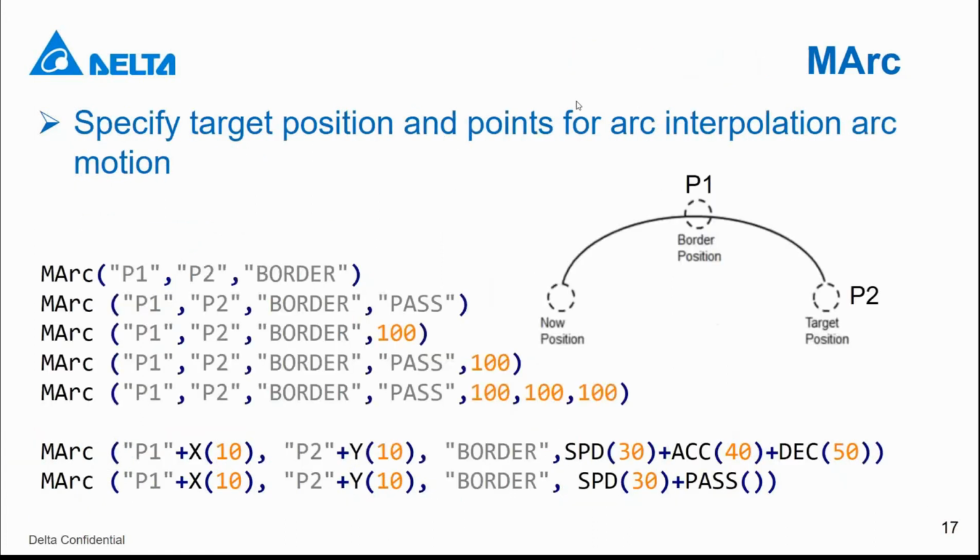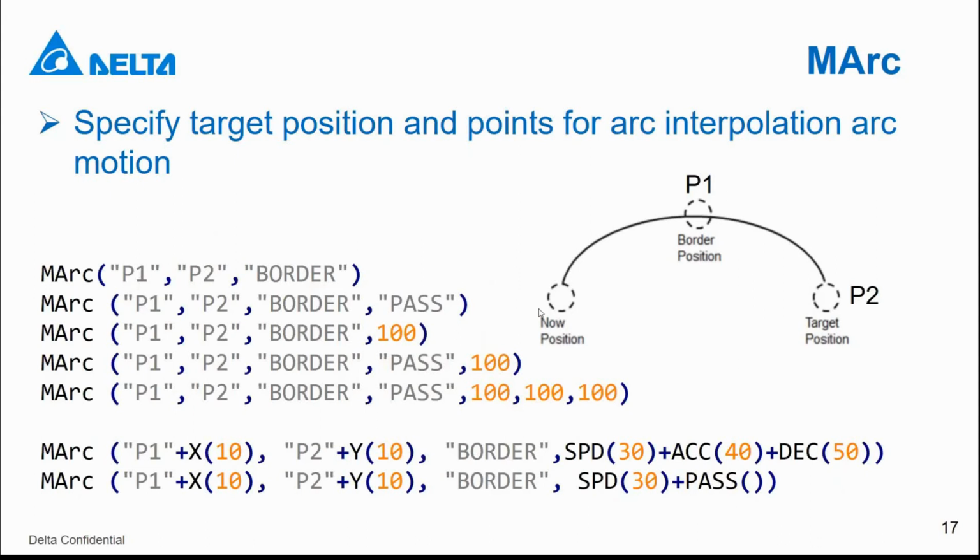And then next is move arc. That means doing arc motion with this instruction. We use a border mass to define our arc. Border mass means we define 3 points on this border. Then the robot will calculate and do the arc motion through these 3 points on the border.